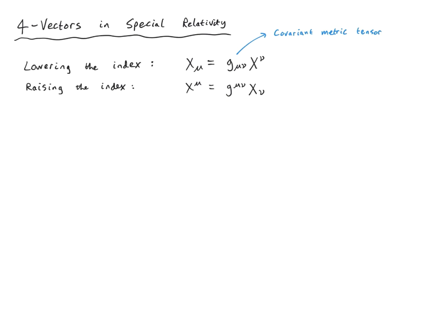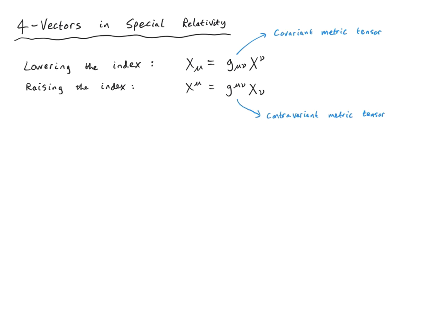G with the two lower Greek indices, mu and nu, is the covariant metric tensor. It's the metric tensor that, when contracted with a contravariant 4-vector, gives the covariant 4-vector. On the other hand, when we're raising the index, as in the second equation, we take a covariant 4-vector and contract it with the contravariant metric tensor to give a contravariant 4-vector.